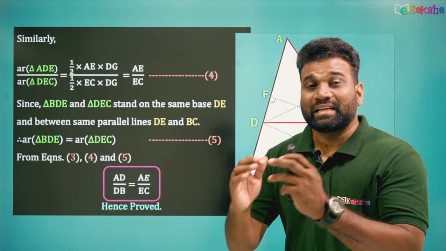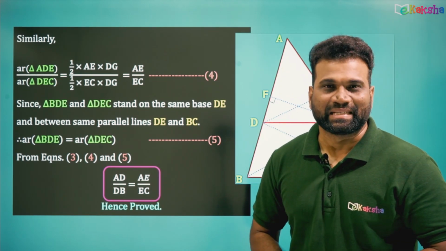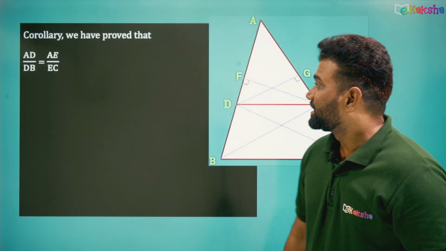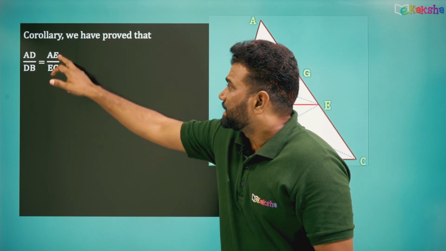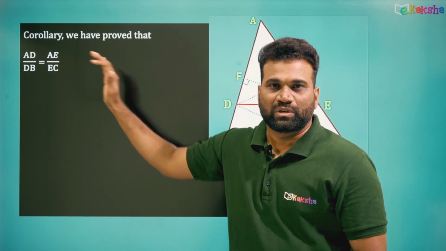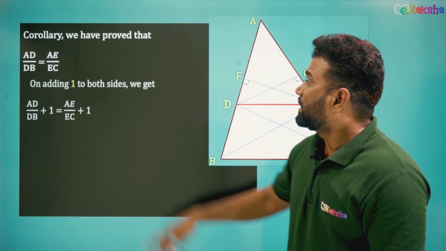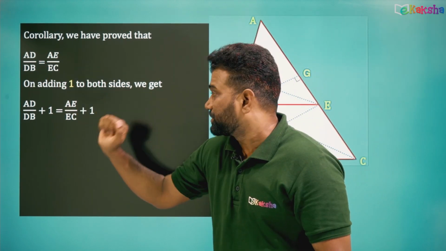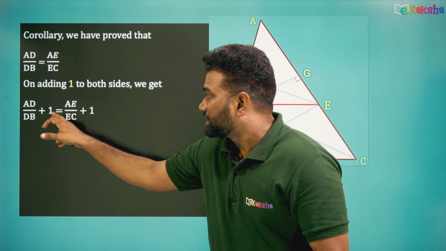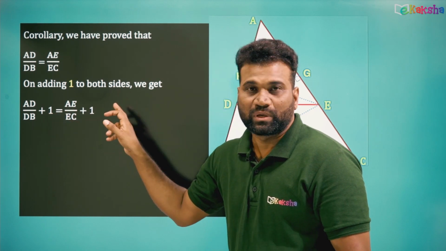Clear? There are some following results based on BPT. So let's have a look at them. Corollary. We have proved that AD over DB is equal to AE over EC, right? This is what we have proved so far. So adding 1 to both sides of this equation, AD over DB plus 1 is equal to AE over EC plus 1.